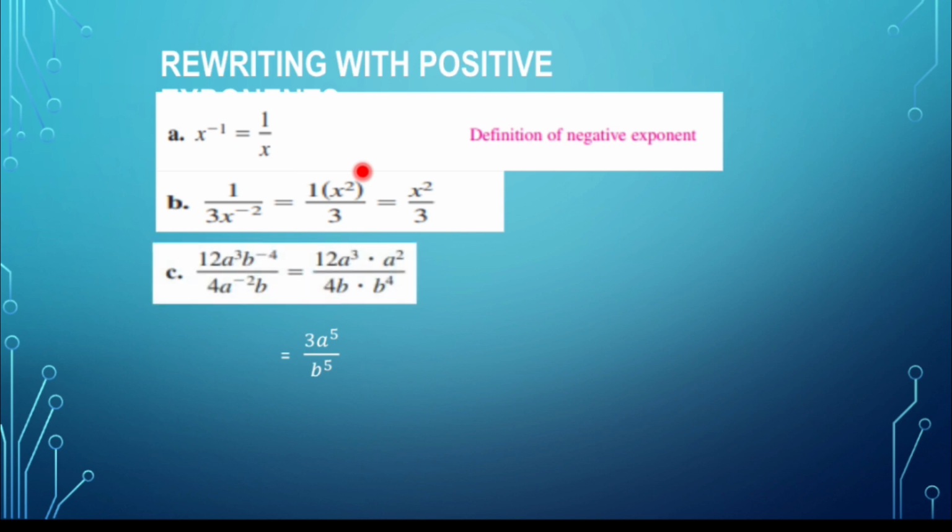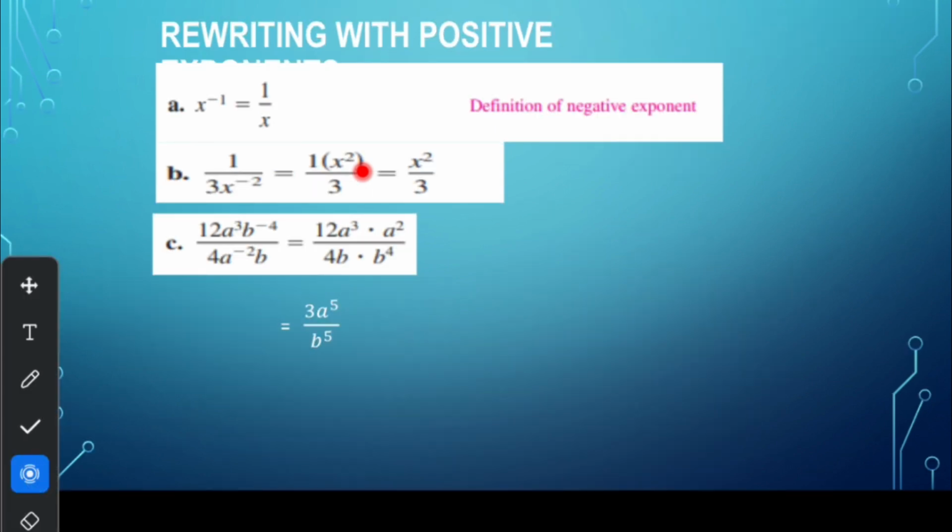Right. In the next question, we can see that this is a little bit complex question where the numerator has many terms, a coefficient which is 12, two bases with different powers, and in the denominator we can see similar bases with different powers. So over here we'll try to solve numbers first. We see that 12 and 4 are divisible by 4 itself.